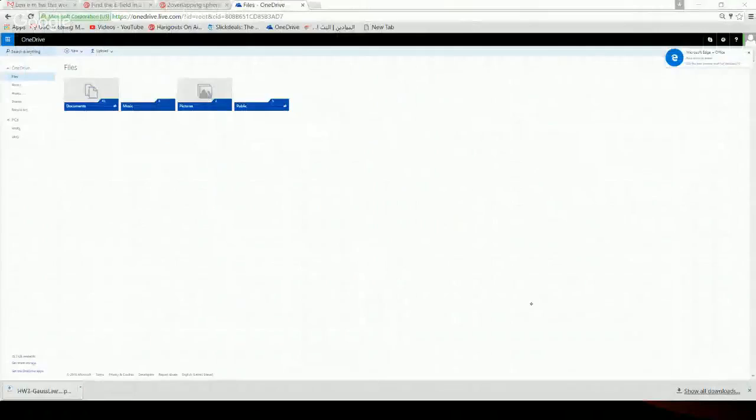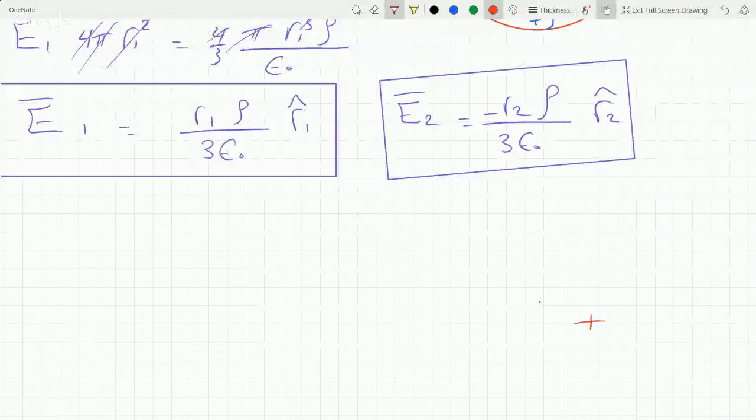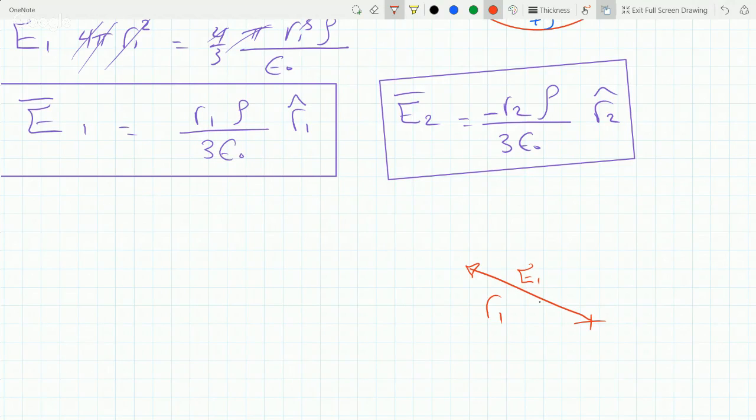From the center of one sphere, I have r1, giving me an electric field E1 in that direction. Then from the center of the second sphere, I have another vector r2 giving me an E2. And this here is just d between them.